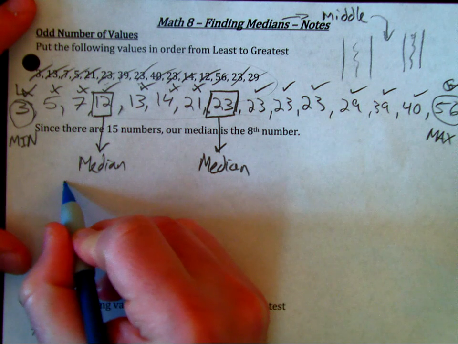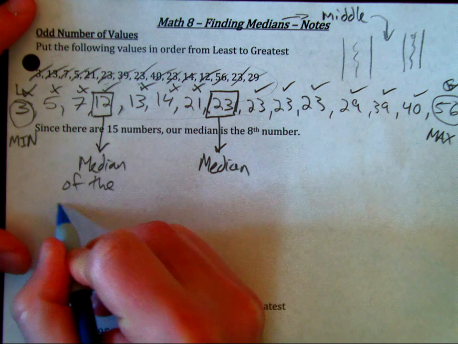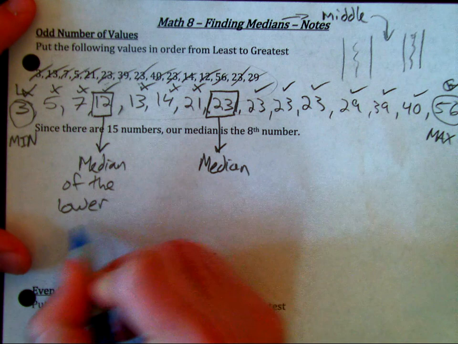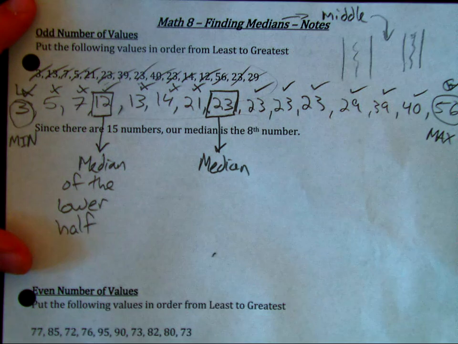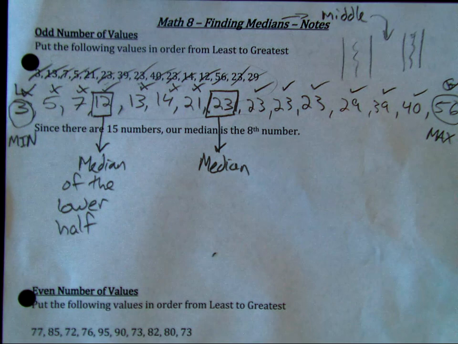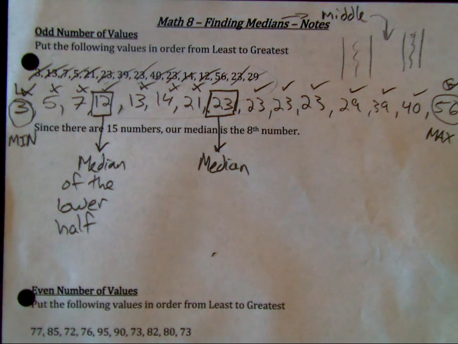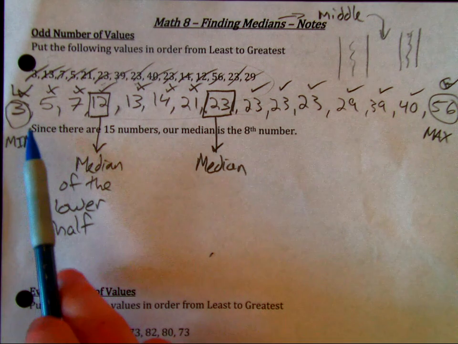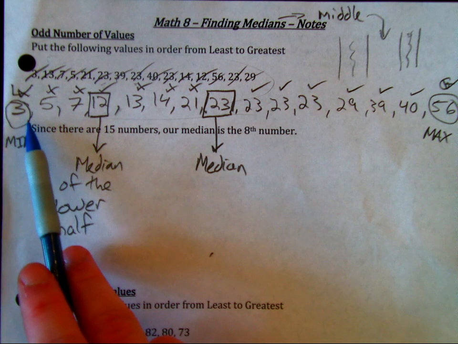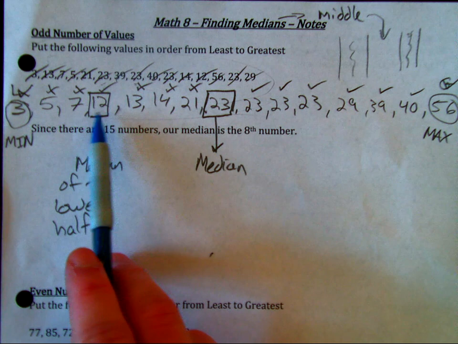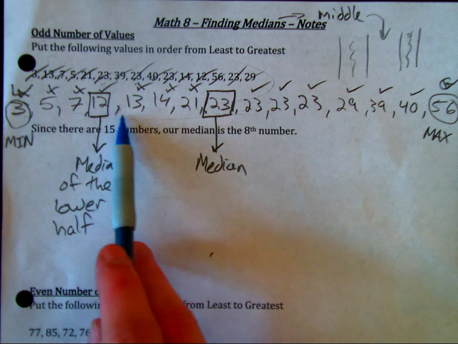It's going to be the median of the lower half now. Again, you want to make sure you can have those ideas in there for yourself. So again, it's pretty simple because we're saying, all right, well, I have 3 numbers on the right and I have 3 numbers to the left.